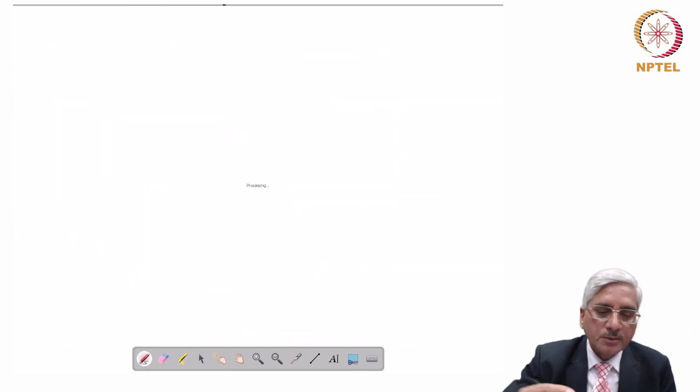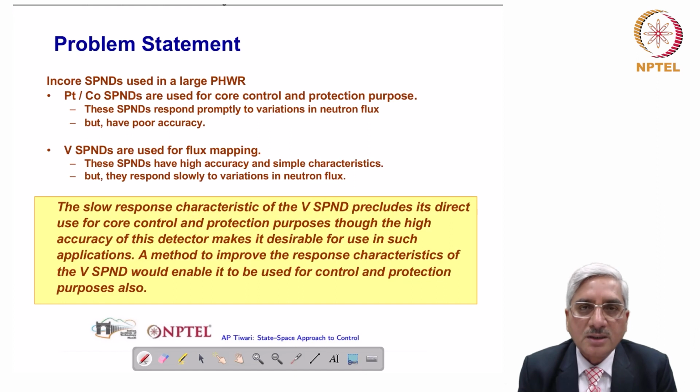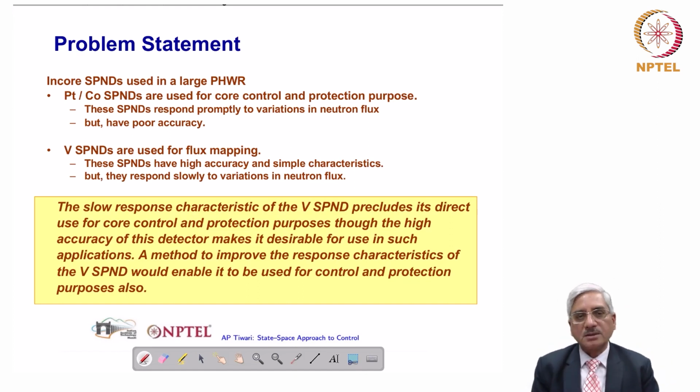Okay, now we come to the problem statement. Actually, in a nuclear reactor, the one, for example, we considered in the case study, we require the measurement of neutron flux in the reactor. And there we considered a sensor called an ion chamber along with its amplifier, which is mounted ex-core.